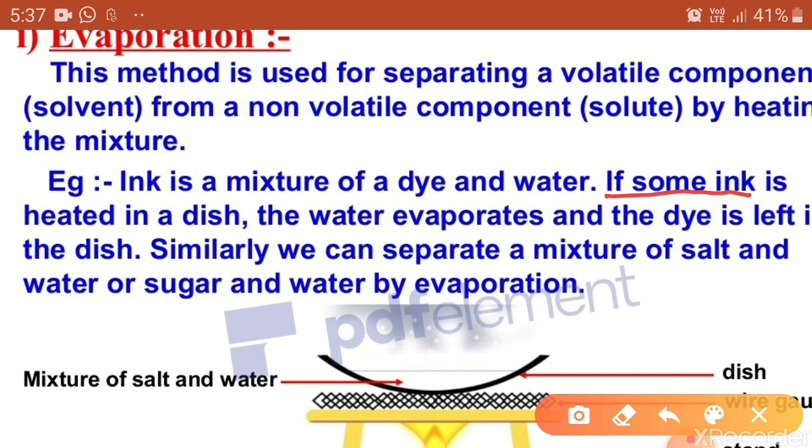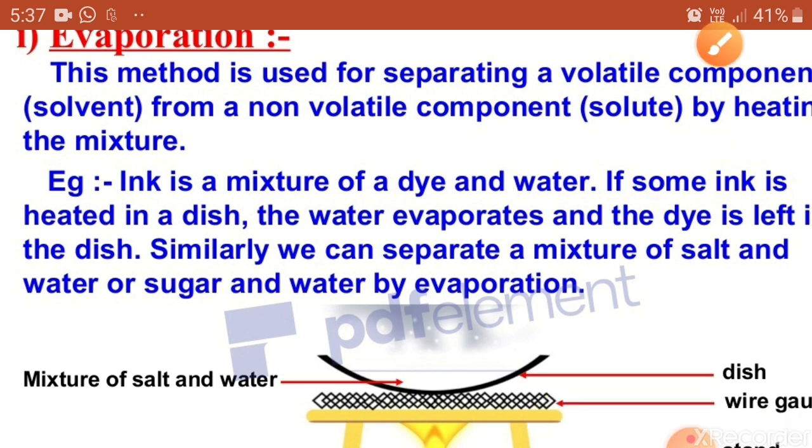In this way we separate the dye from the water, because water is a volatile component, so it will evaporate easily, and the dye will be left in the dish. Similarly, we can separate a mixture of salt and water, or sugar and water, by evaporation.